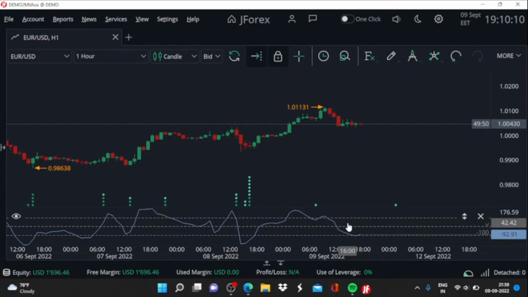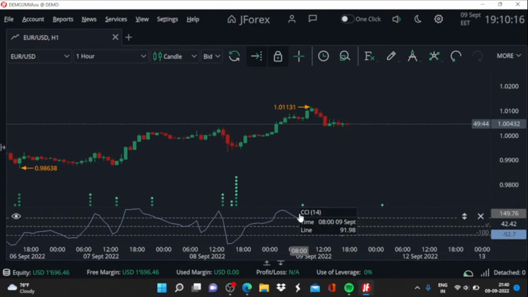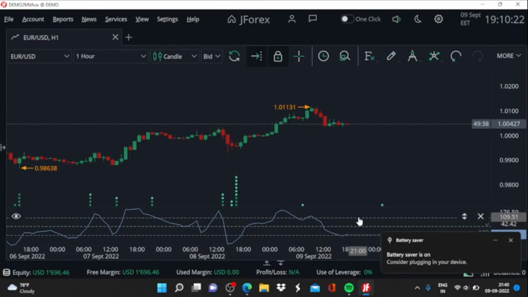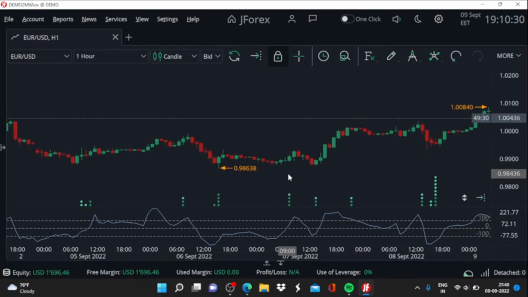So here we have these two critical factors for determining these overbought and oversold scenarios, and for determining the trend we use this zero line as an important marker. So we have both these things in place, and we can then try to trade using this system.